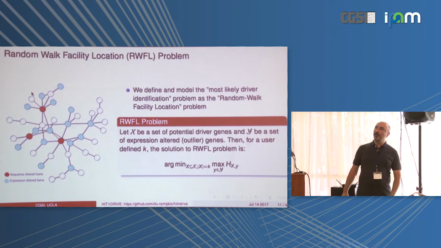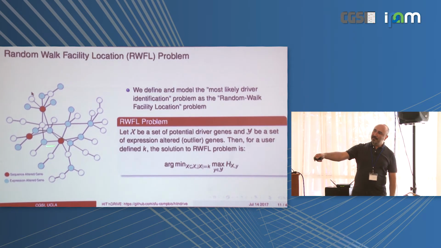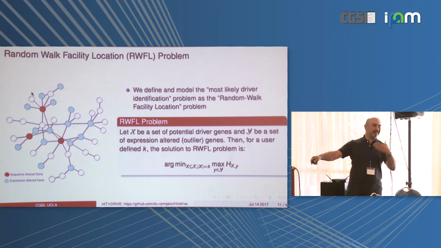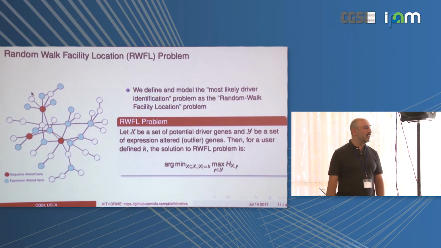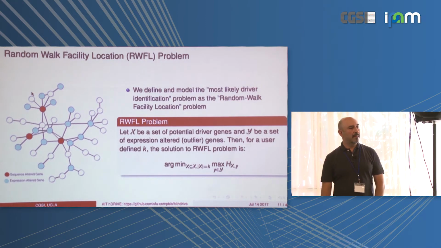And the random walk facility location problem can be described as follows. I'd like to come up with k facilities such that the expected multi-hitting time from these facilities to any one of these domains is as small as possible.